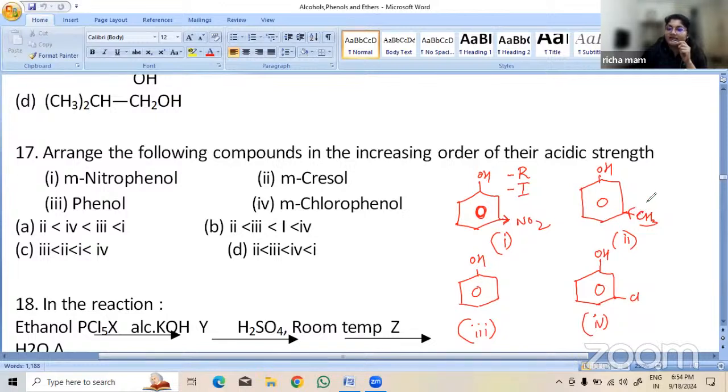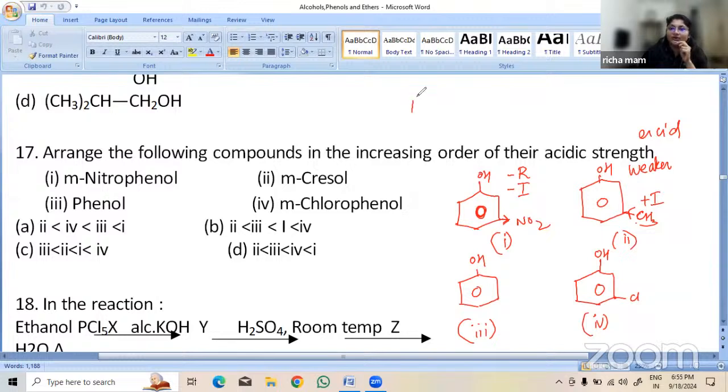The methyl group will show plus I effect, and also methyl groups show the hyperconjugation effect, that is called the no bond resonance effect. So when you see metacresol, this is a weaker acid than your phenol. So this will come first.